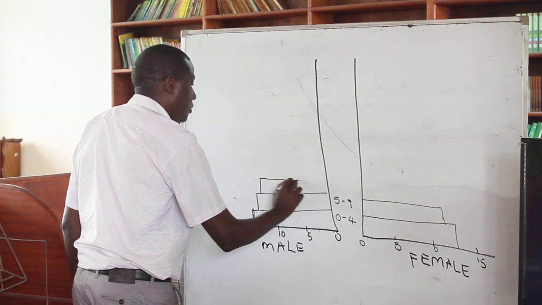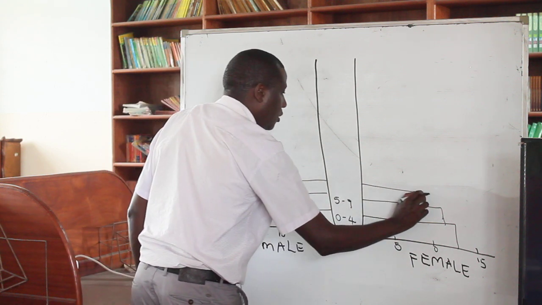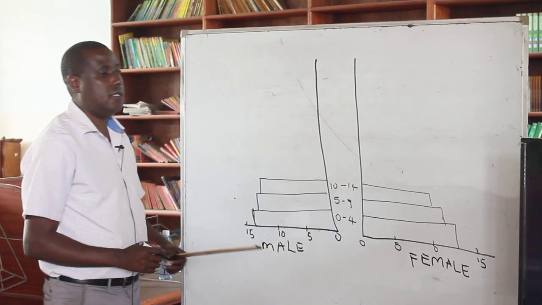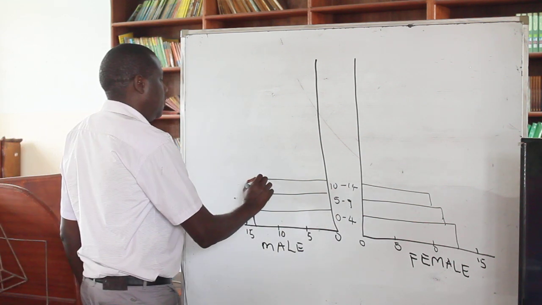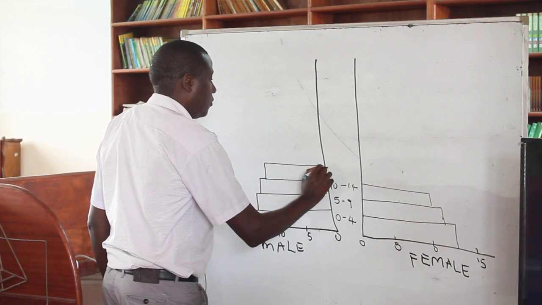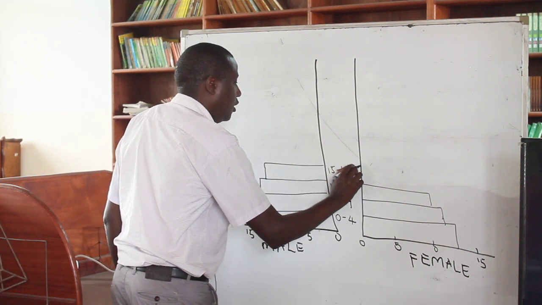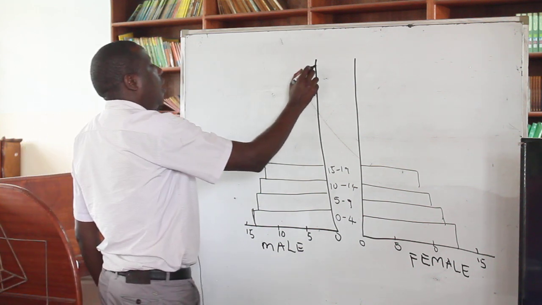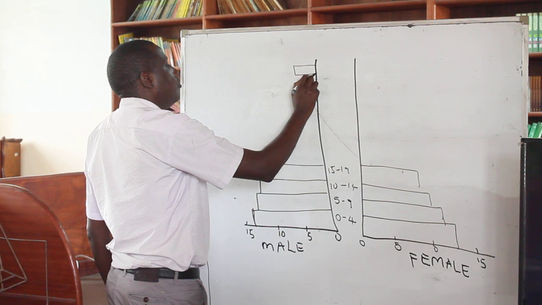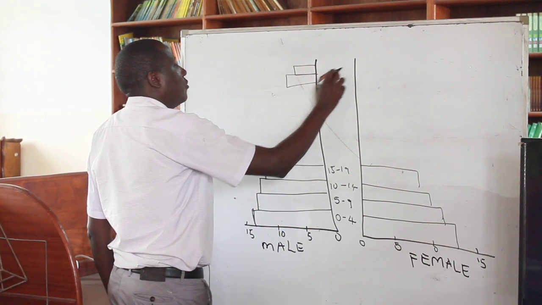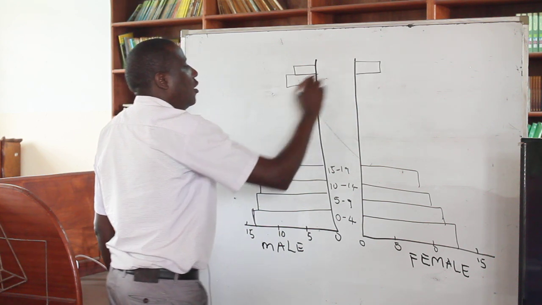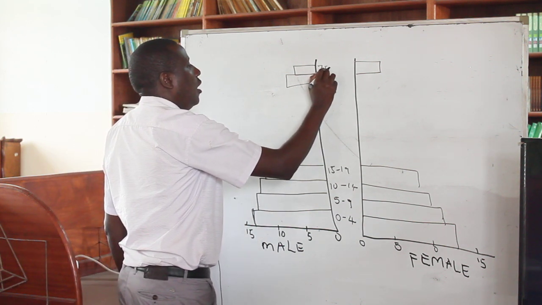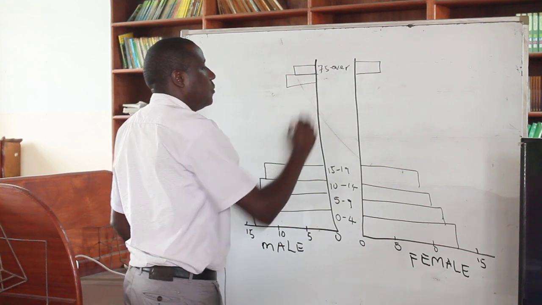Next, we have people between 10 and 14 years, then 15 to 19, and so on and so forth, until up here. Alright, here we have 75 and over.